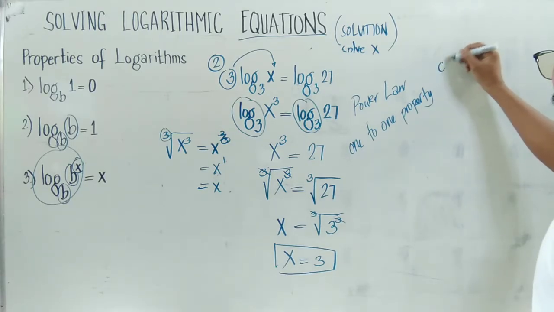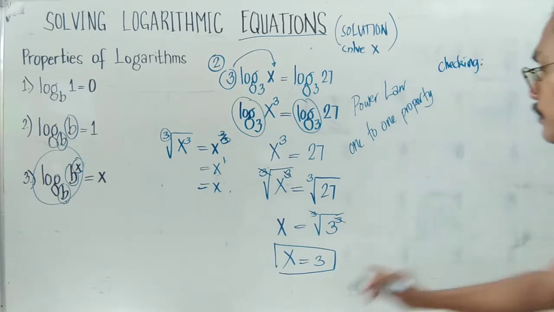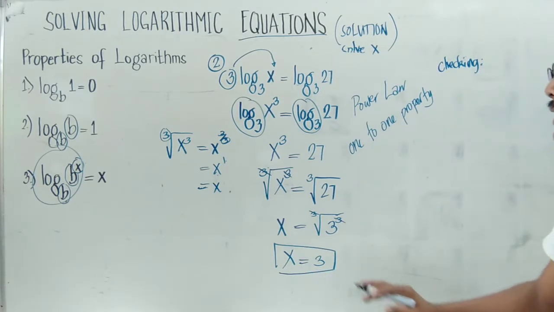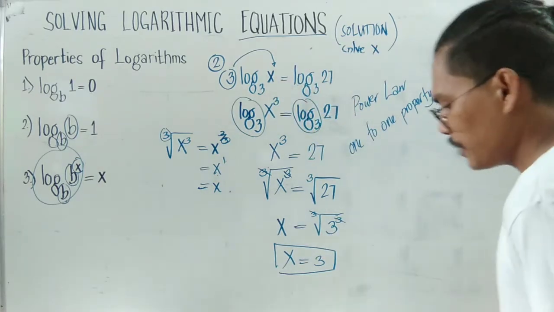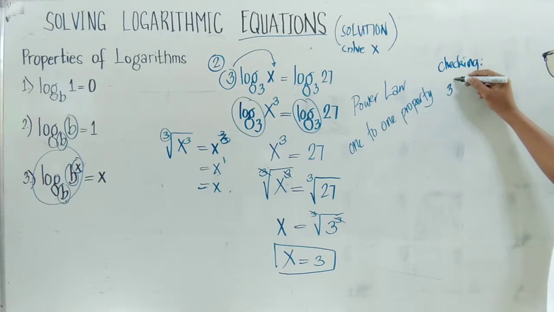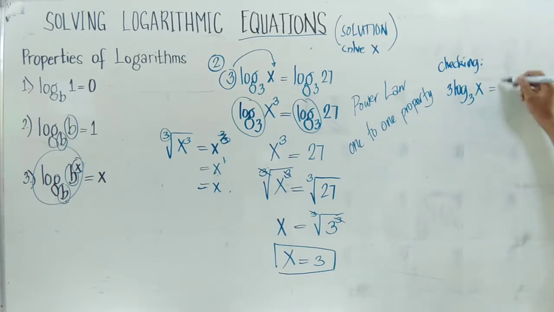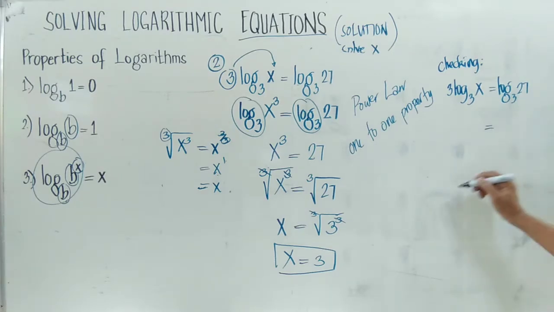Now let us go to checking if x equal to 3 really satisfies your logarithmic equation. So checking using the original equation, we have log of x base 3 equals to log of 27 base 3. Okay?